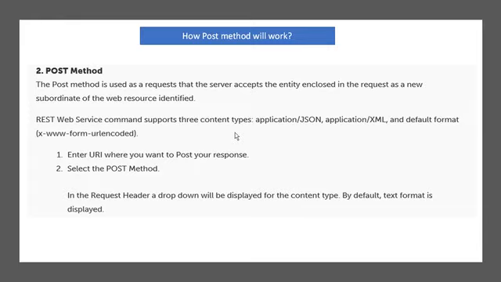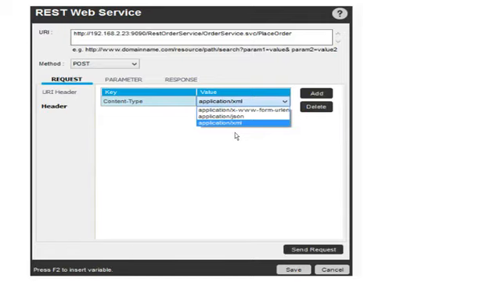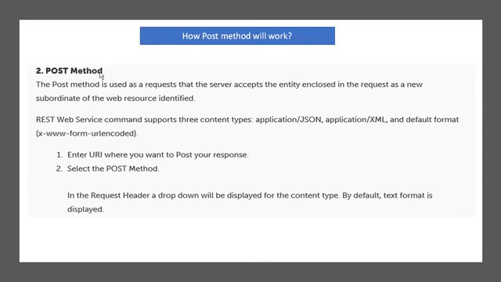How will the post method work? This is the post method. You are giving the URI, your web service, your method. Here the method is post. The post method is used as a request that the server accepts the entity enclosed in the request as a new subordinate of the web resource identified. REST web service supports 3 content types: application JSON, XML and the default encoded format. So REST is always supported with 3 types: JSON, XML and default encoder.